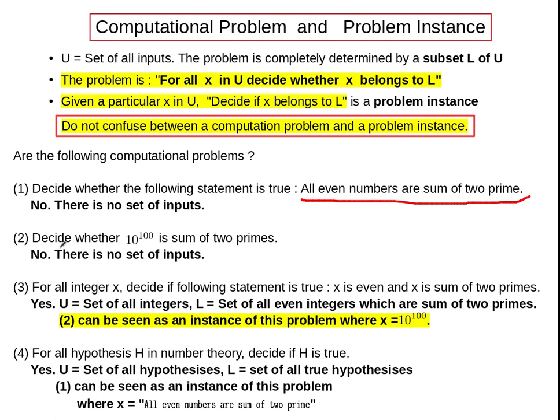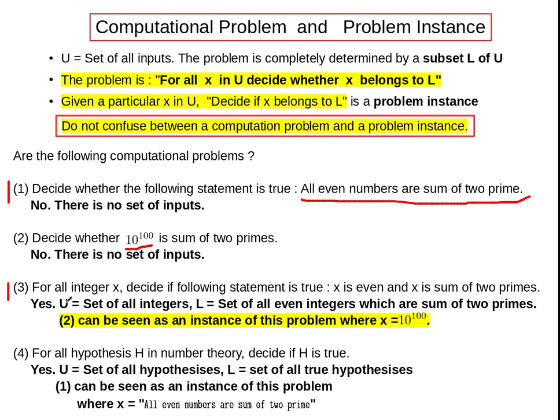Similarly, if you ask for a particular even number, that is also not a computational problem. While reading this, you may confuse this with this, so just try to understand the difference.